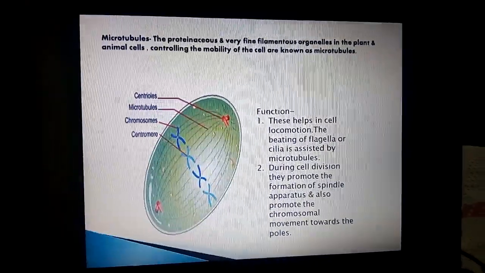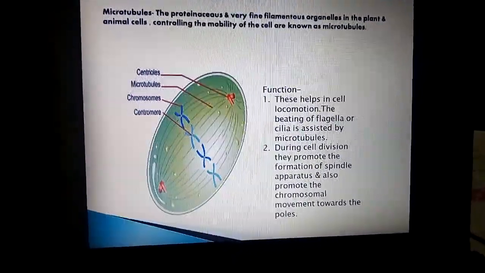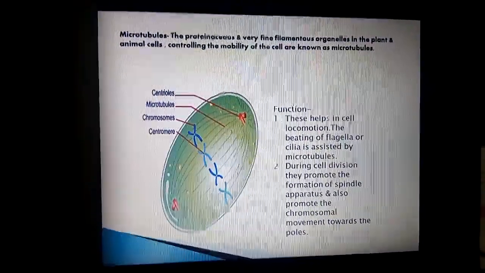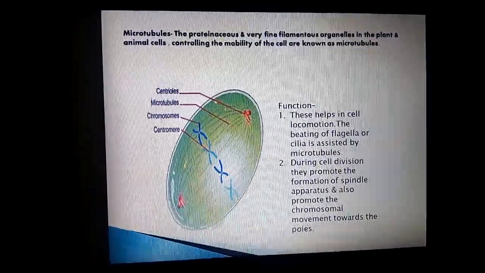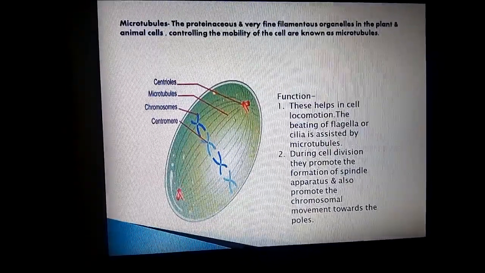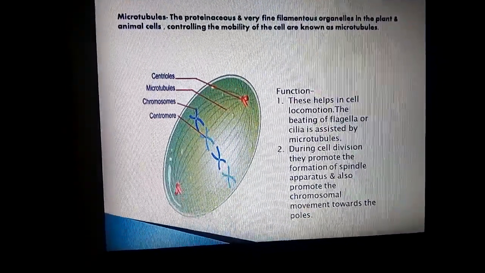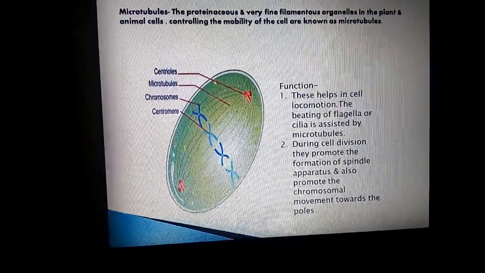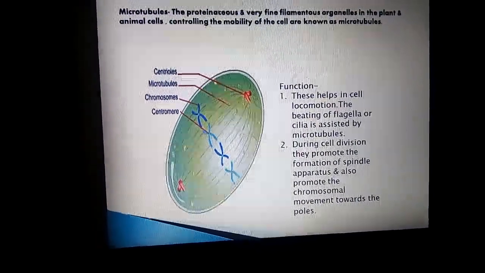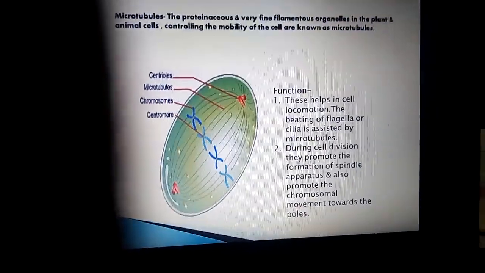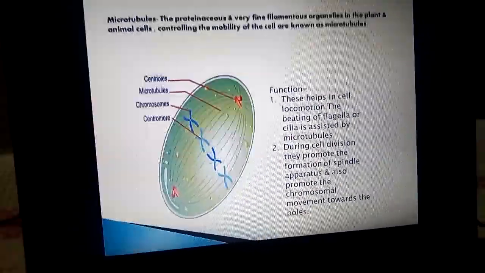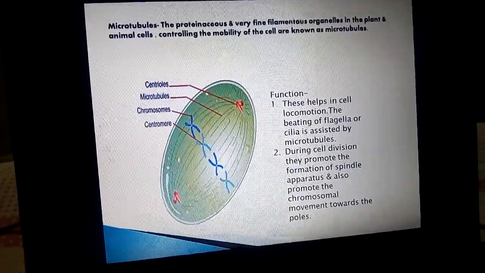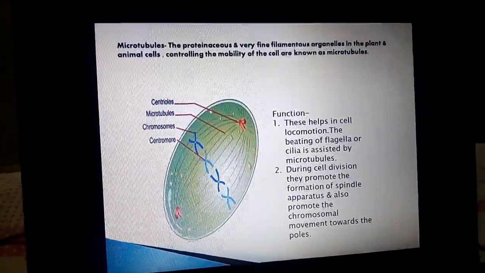Next we are going to know about microtubules. What are microtubules? The proteinaceous and very fine filamentous organelles in plant and animal cells controlling the mobility of the cell are known as microtubules. Microtubules have variable length. They are formed of a special type of protein called tubulin.